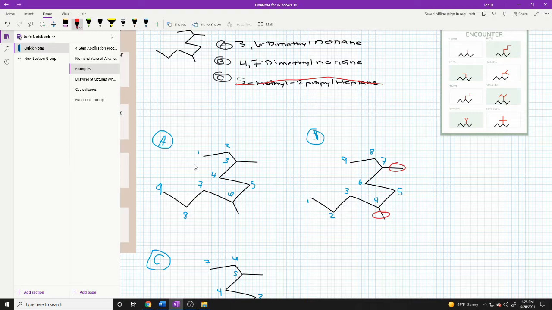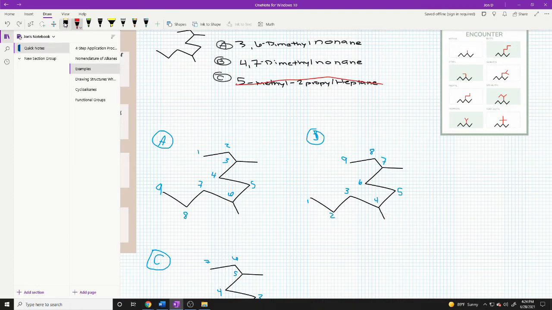Now if we go to example A, we have a substituent on carbon 3 right here, as well as a substituent on carbon 6. Now if we follow the rule, 3 and 6 is a lower number than 4 and 7, so we'll have to use this particular numbering.